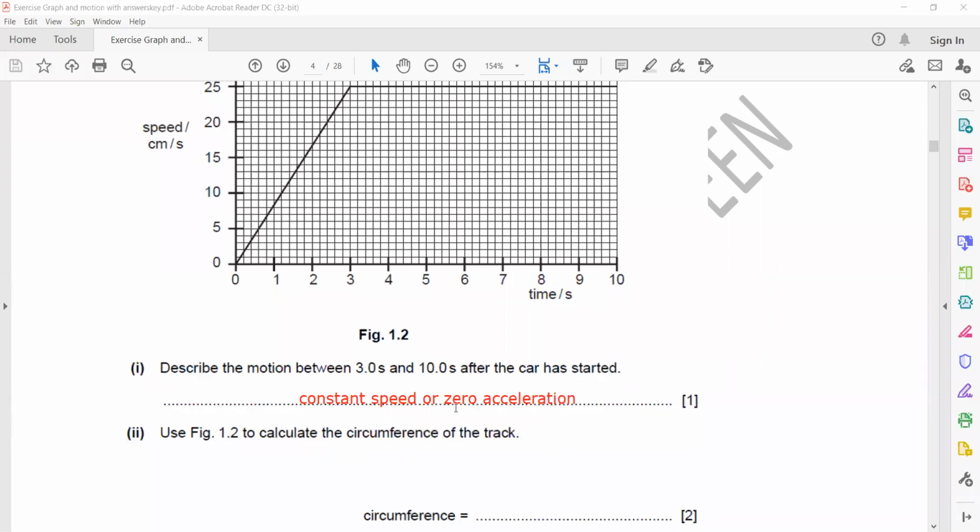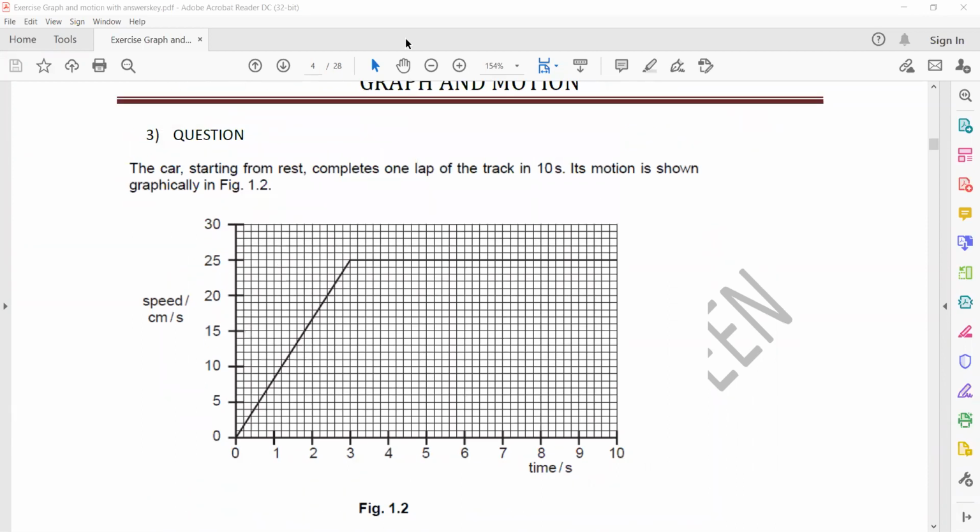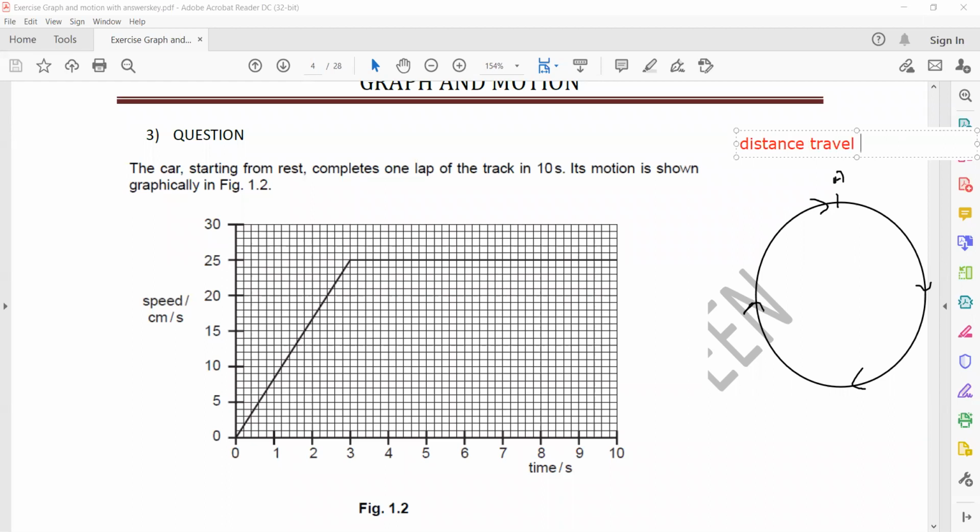Then calculate the circumference of the track. The circumference means the distance. Basically, what is the meaning of circumference here? If you have a track, and a car starts from point A and moves on the track and returns back to point A, the distance traveled by the car is equal to the circumference.